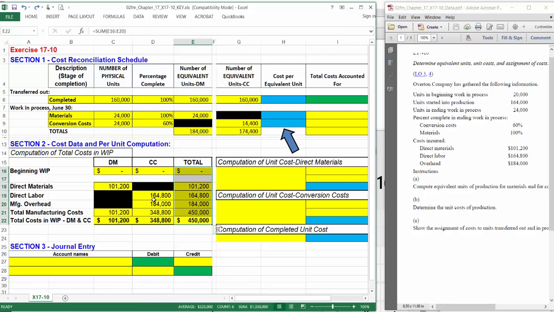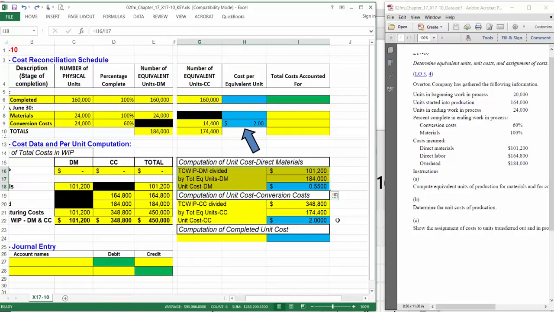The first one I'm going to do is unit costs for conversion costs. So I'll take the total costs in work in process for conversion costs and divide that by the equivalent units of work done as far as conversion costs are concerned, and I'll get the unit cost as far as conversion costs are concerned for each unit. Then I'll drop that in on my schedule up above so that I can use it to do some multiplication in a little while.